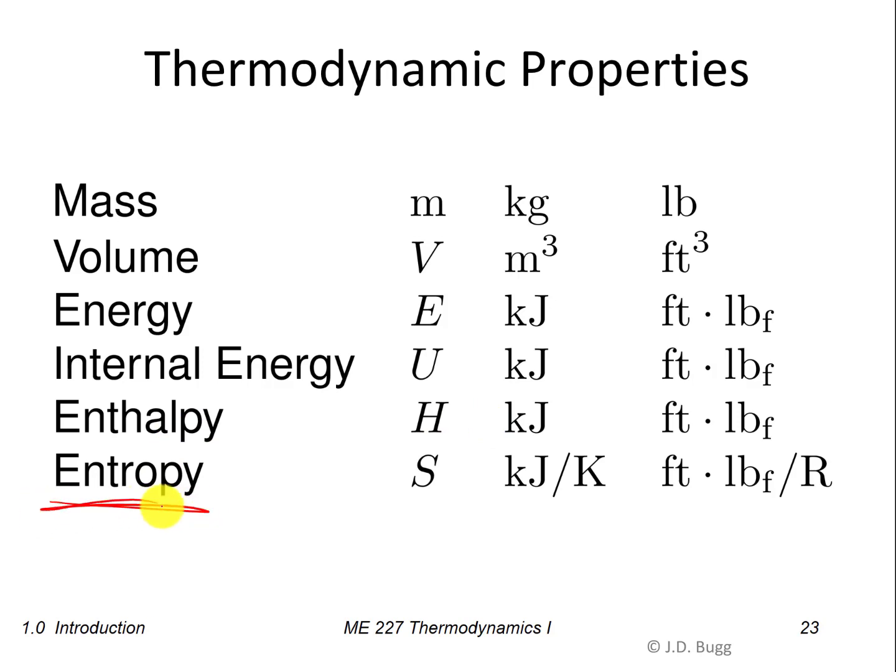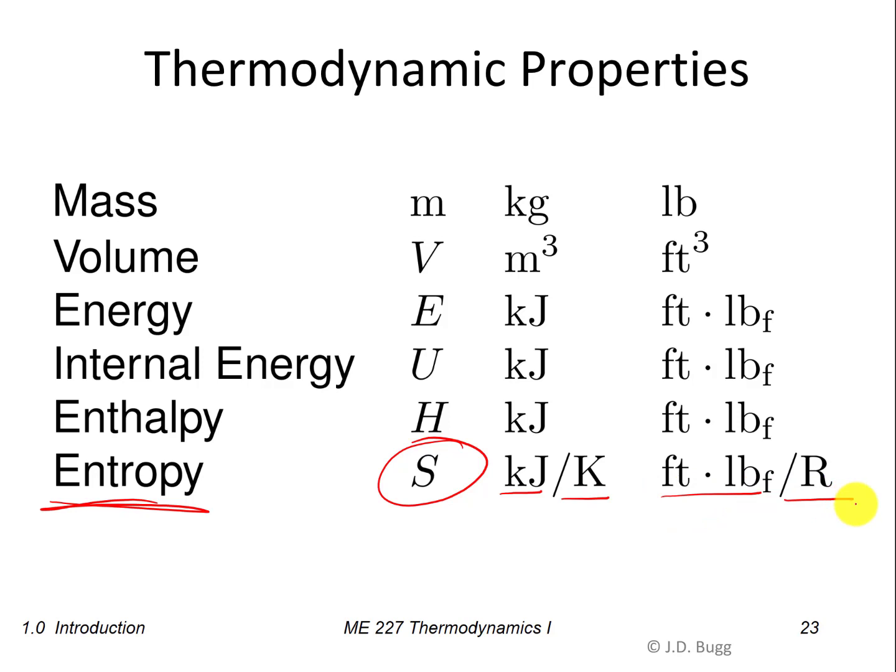This is an important property connected to the second law of thermodynamics that we're going to be talking about a lot later in the course. The symbol we use for entropy is an uppercase S, and its units are actually kilojoules per degree Kelvin in SI and foot-pounds per degree Rankine in English engineering units.